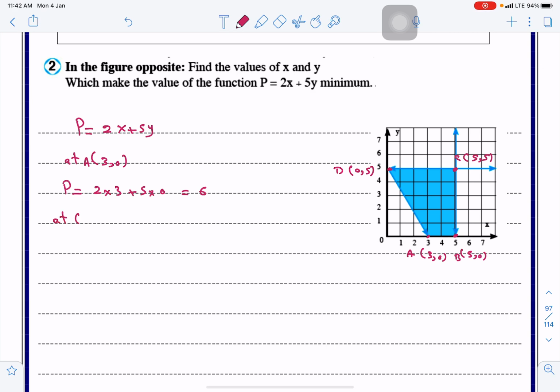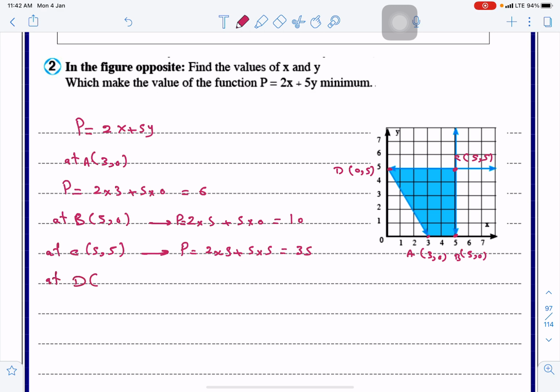At point B equal 5 and 0, P equal 2 times 5 plus 5 times 0 equal 10. At point C, 5 and 5, P equal 2 times 5 plus 5 times 5 equal 35.